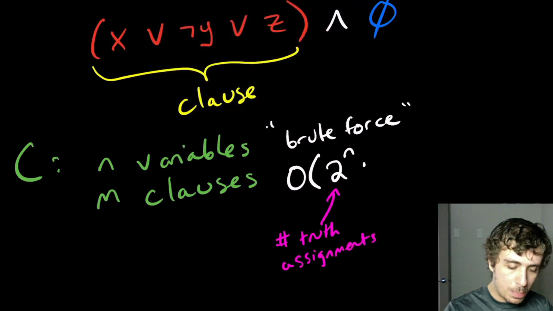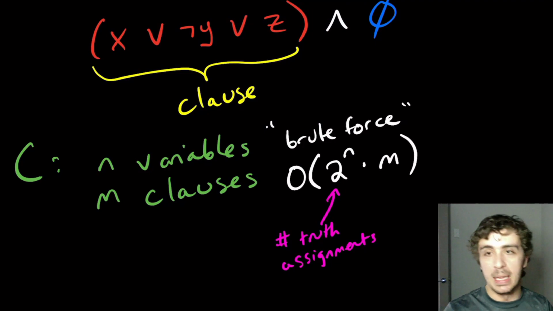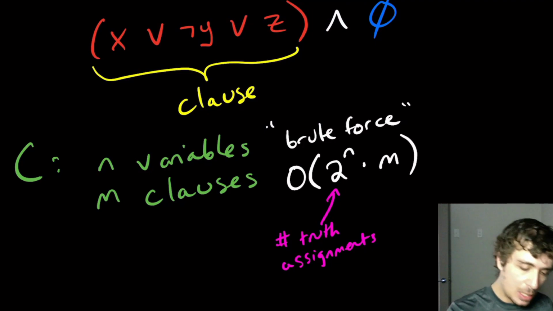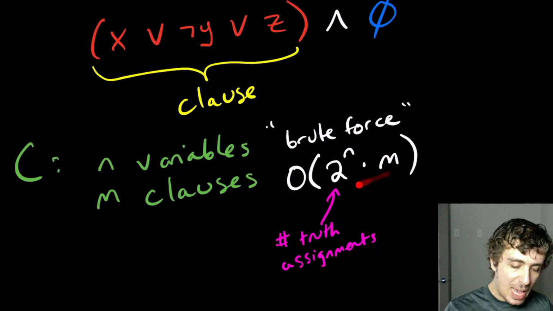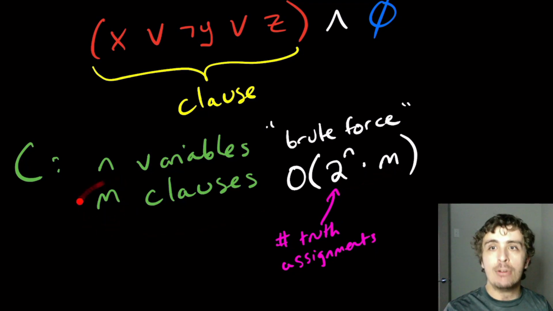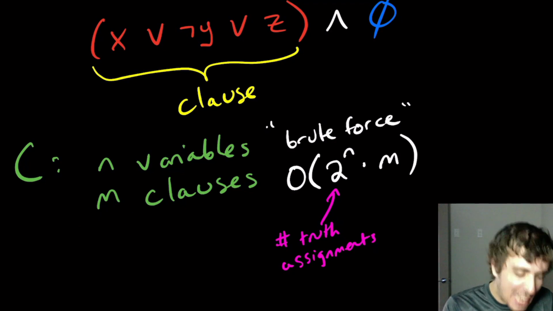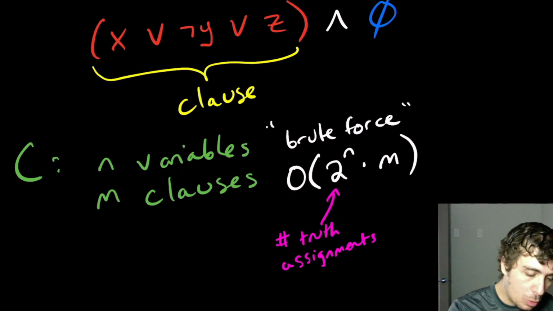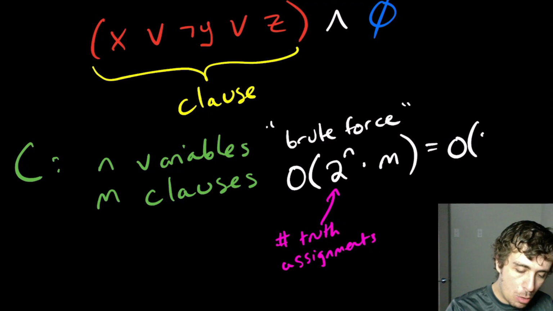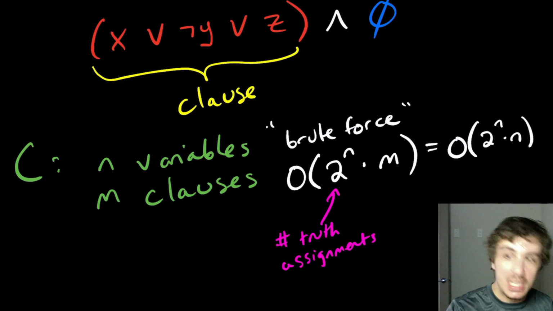And then multiplied by the size of the formula, which is m in this case. Since we know m is going to be at most 3n, in fact, you can even assume it's exactly 3n, this is going to be big O of 2 to the n times n time.